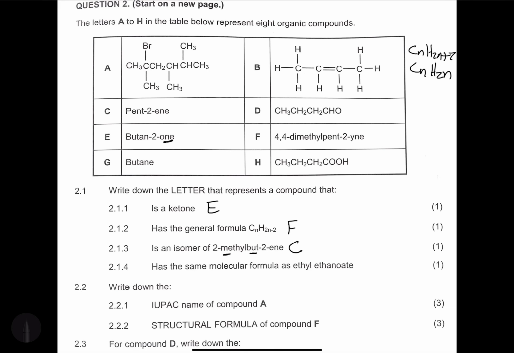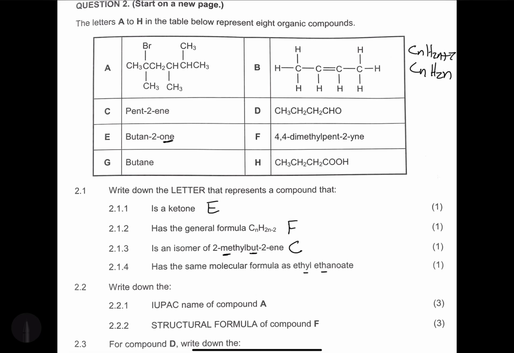Right, and then the next one says has the same molecular formula as ethyl ethanoate. Now, please remember, in this case, this would be an ester. The only compounds that are functional isomers of esters are carboxylic acids.